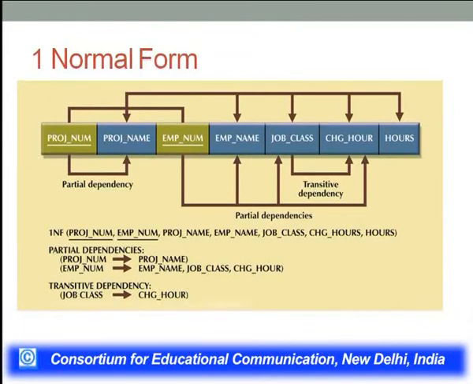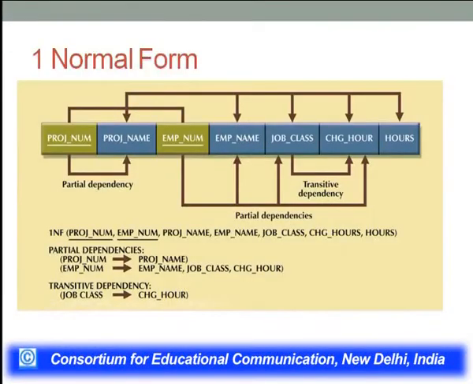We do not require the information of project number to find out the name of the employee or his job class or his charges. Therefore, this dependency is called a partial dependency. So, partial dependency is shown at the bottom of the diagram.